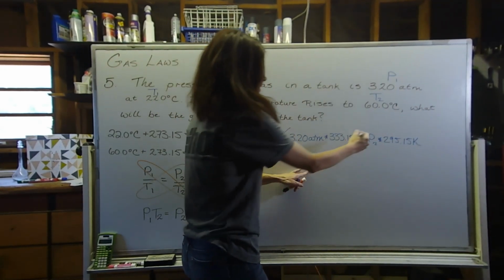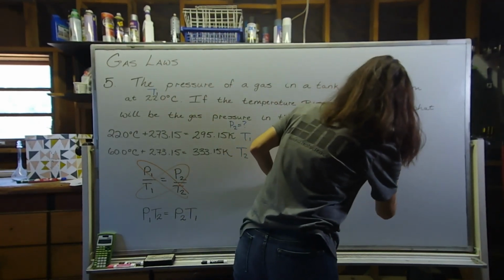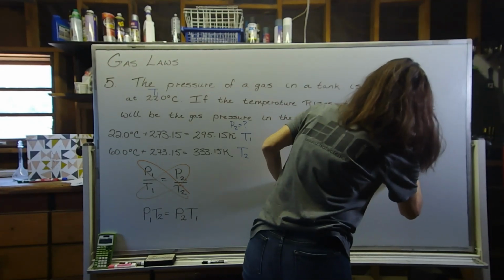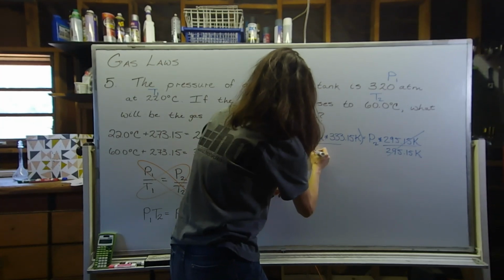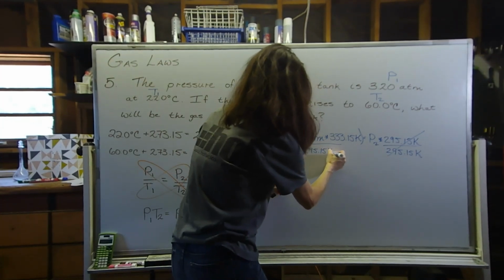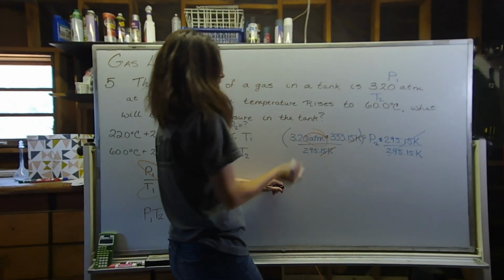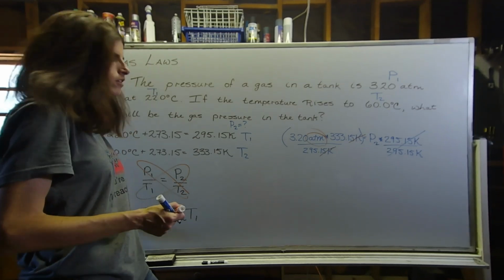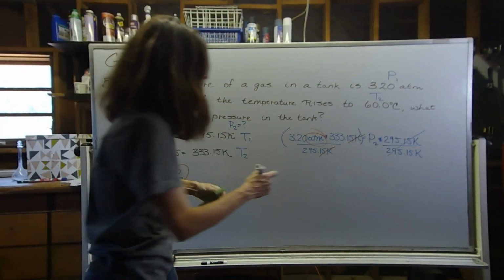Big set of parentheses over here. Let's divide both sides by 295.15 Kelvin. Check my units. So Kelvin will cancel Kelvin, leaving me with atmospheres. And when I plug that in my calculator, I got 3.61 atmospheres.